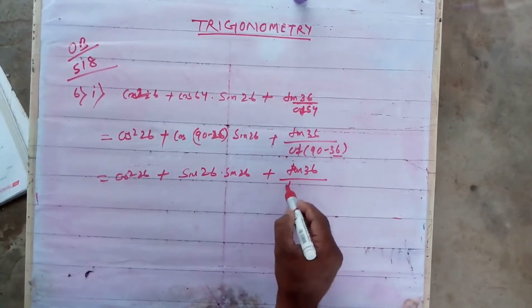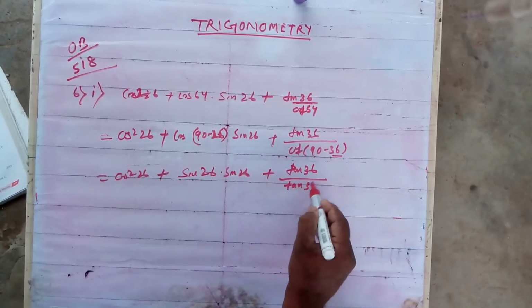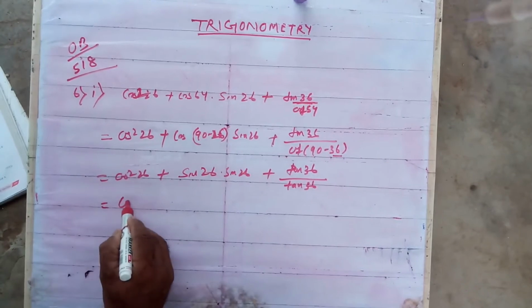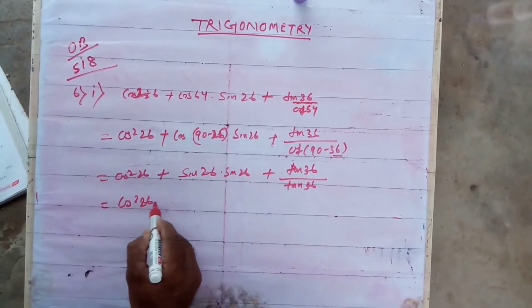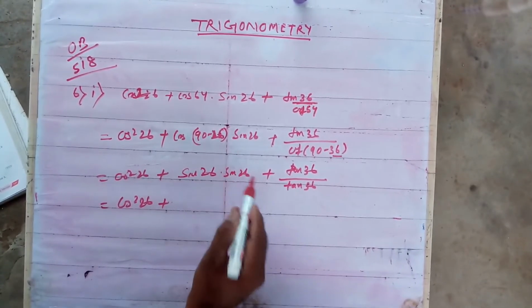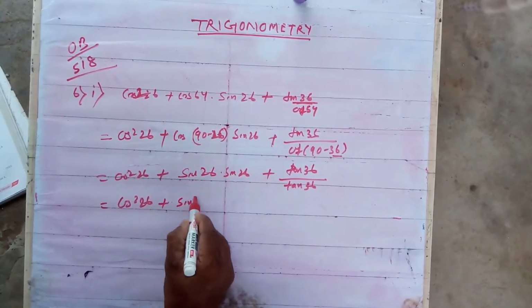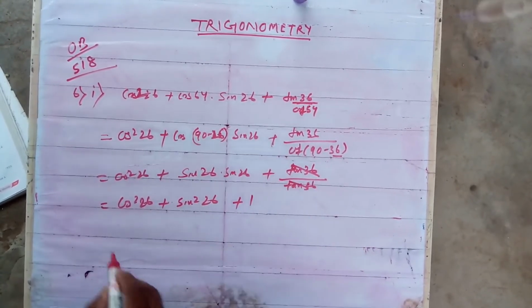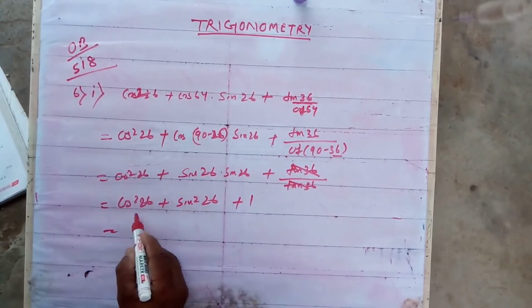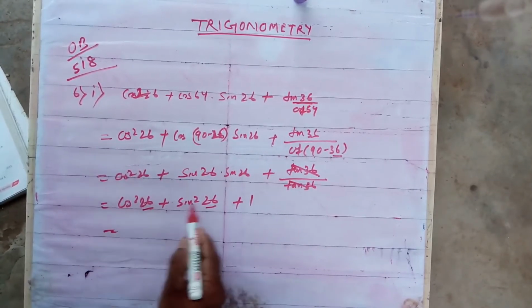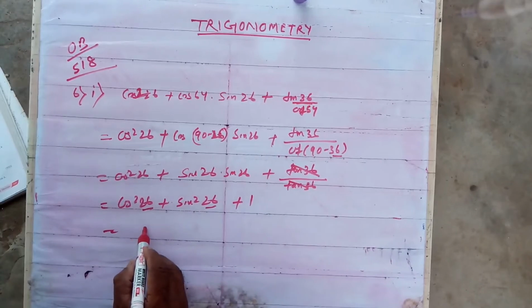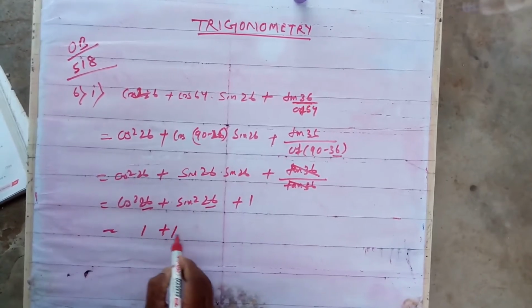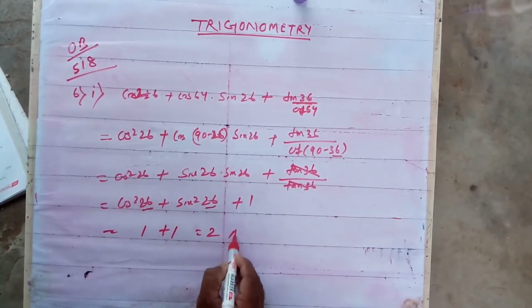Theta is here 36, so tan 36. It will become cos square 26 plus sin square 26 plus this cancels to 1. Cos square theta plus sin square theta, what is the formula? 1 plus 1, that is equal to 2 is the answer.